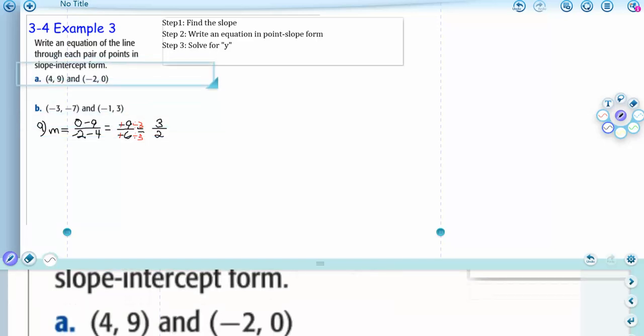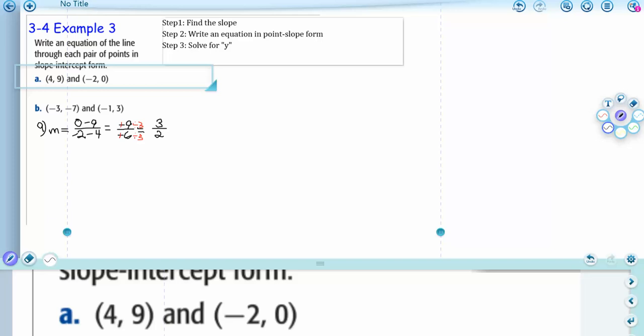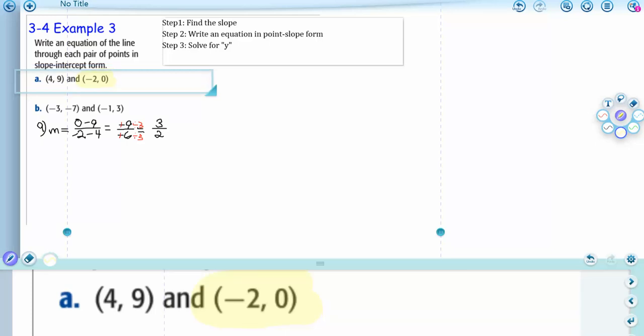I'm looking at my 2 points here. This point looks like it's probably the easiest because it has a 0 in it. So when I write my point slope form, I'm going to use the slope that I just found, which is 3/2, and I'm going to use these points, negative 2 and 0, to write my equation.